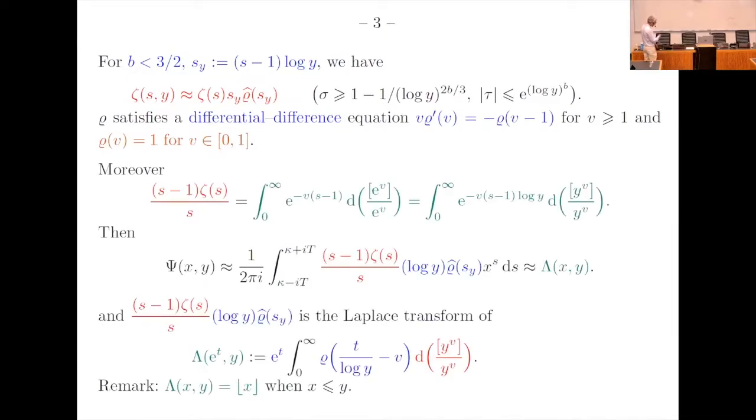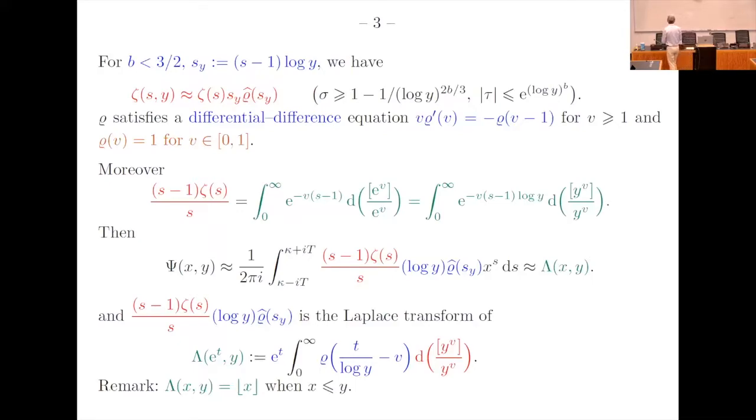Now in this part, we will see s minus 1 times zeta of s. We need to divide by s, which appears in the Perron formula. And then you will see that it is a Laplace transform of a measure. This part is the integral part of exponential v over exponential v.